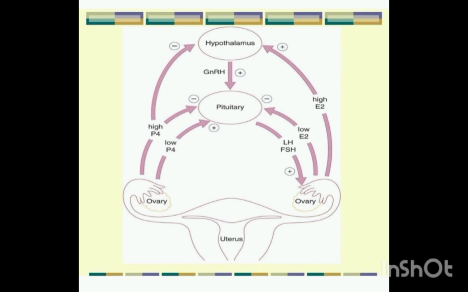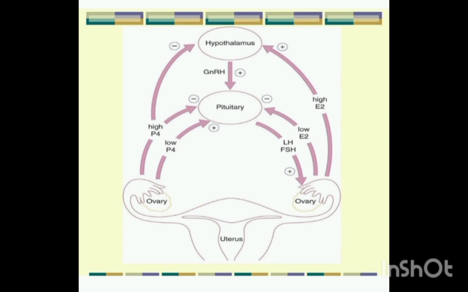Because of that influence, the anterior pituitary gland releases luteinizing hormone and follicle stimulating hormone, which influence the ovary.